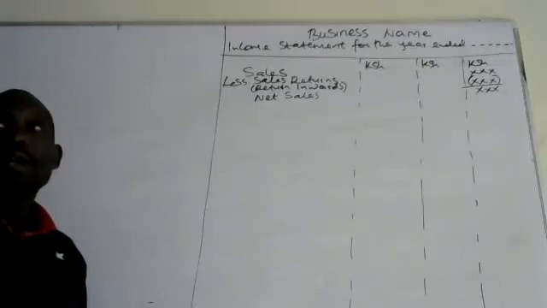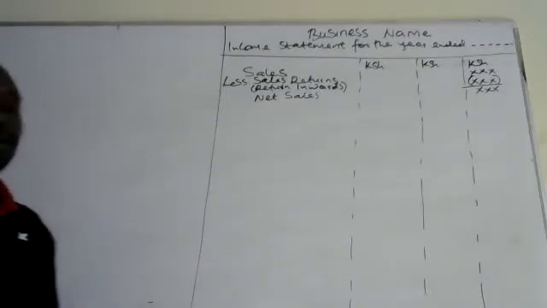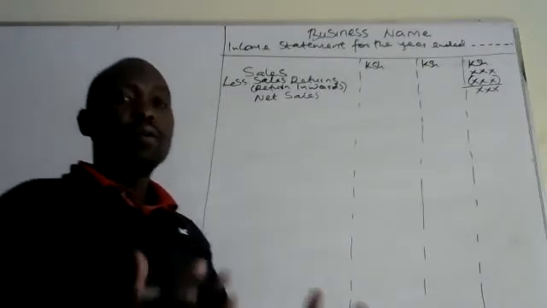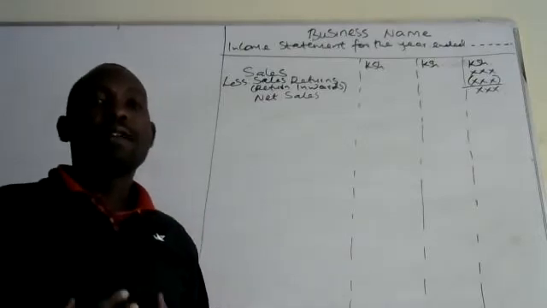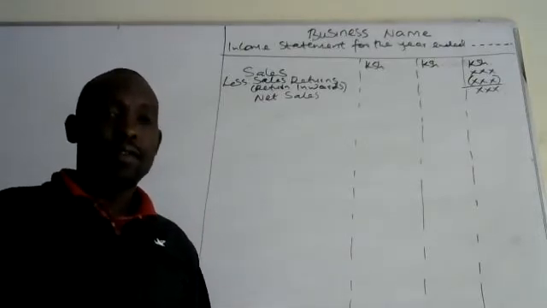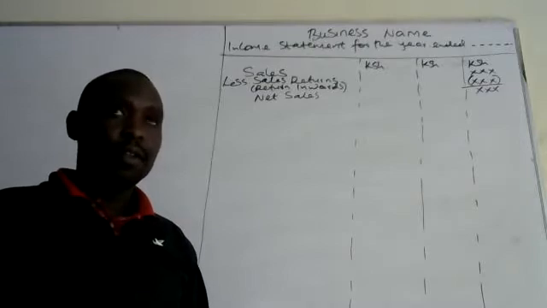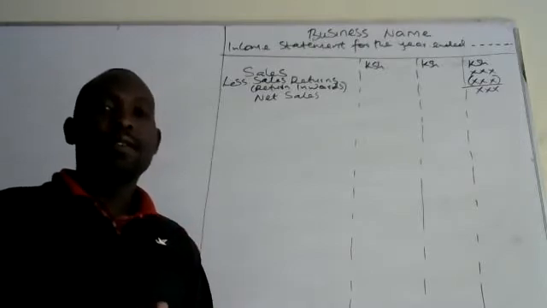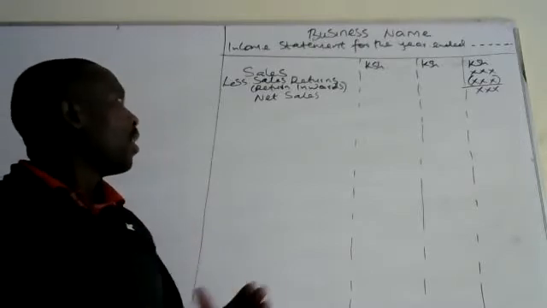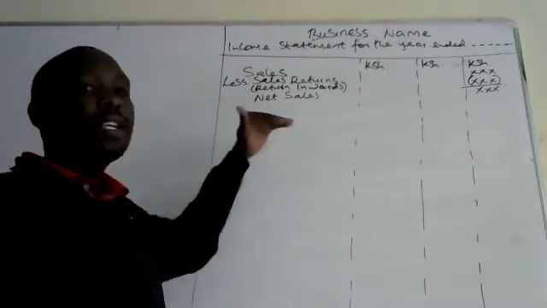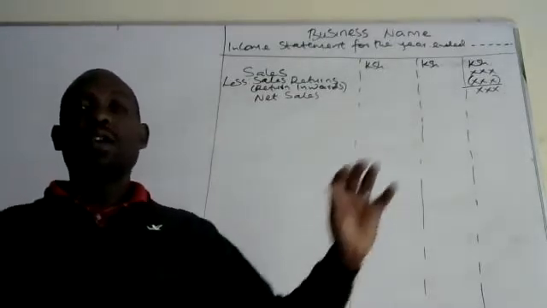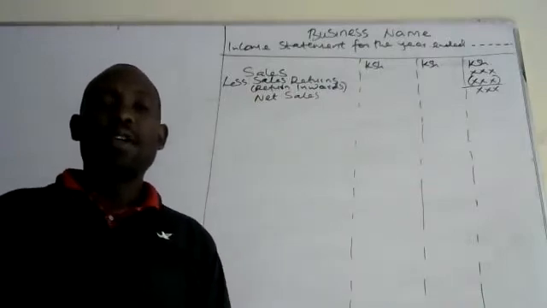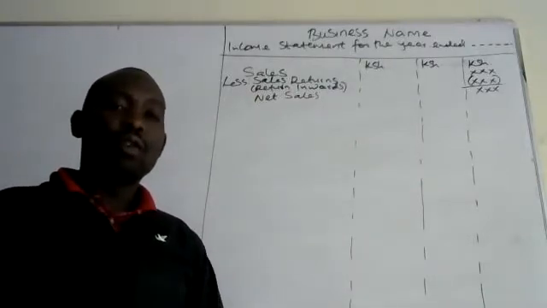If I can make an explanation of that: sales is the amount of income we received after selling our goods or services. Then, if a customer returns some of the goods that we had sold to him or her, it's like those goods we have not sold.